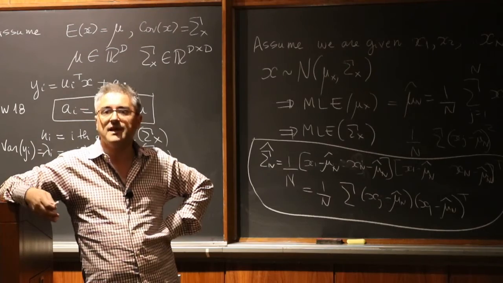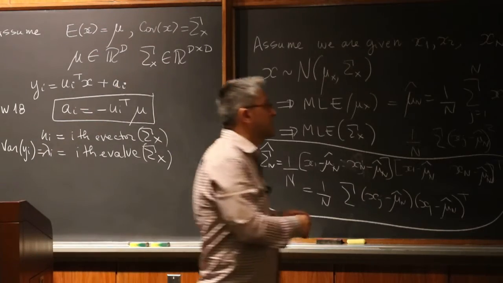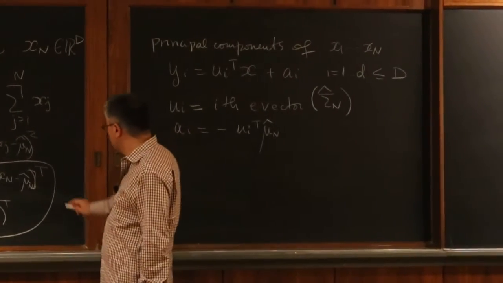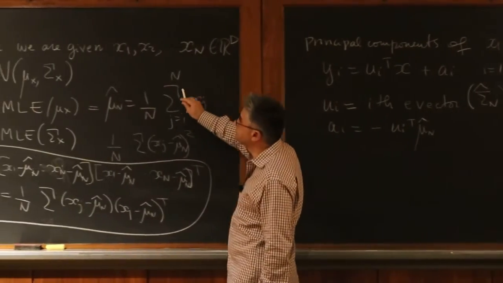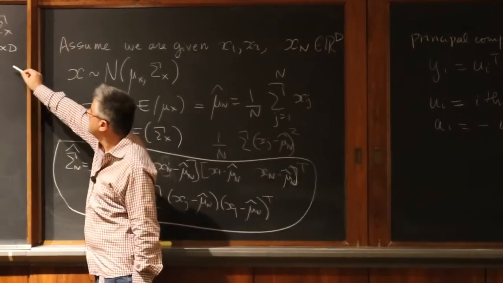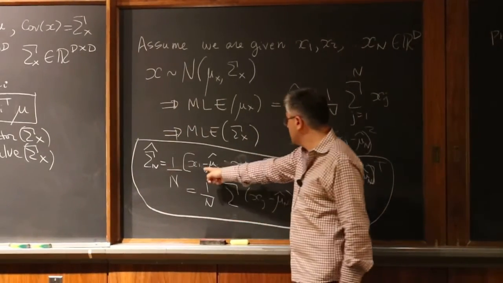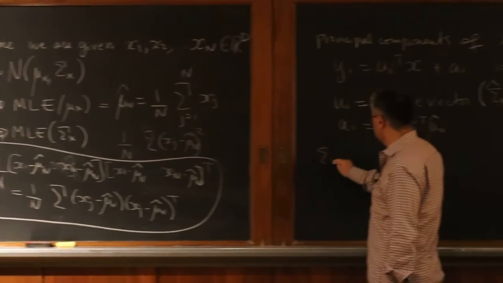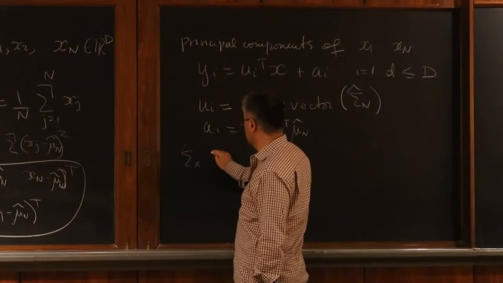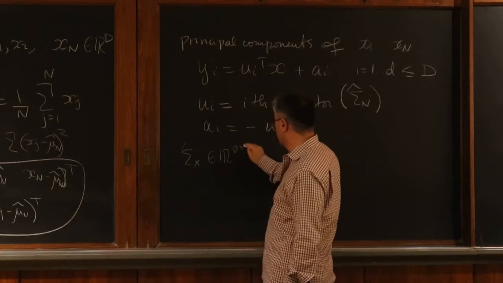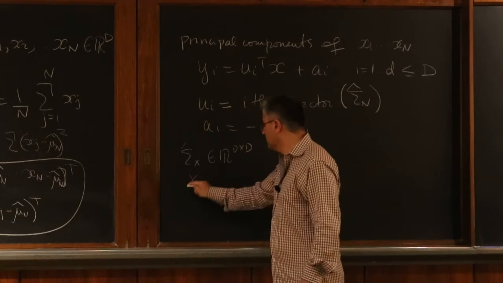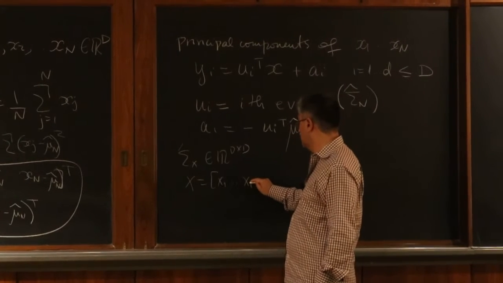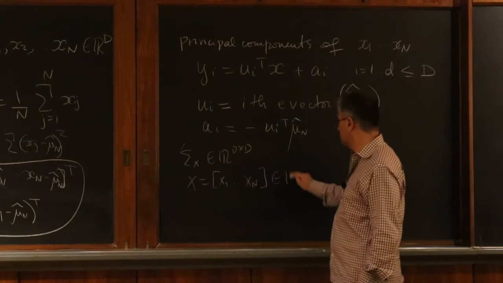That's exactly where we need to do something, because this matrix is d by d, but the data matrix x1, ..., xn is just d by n.